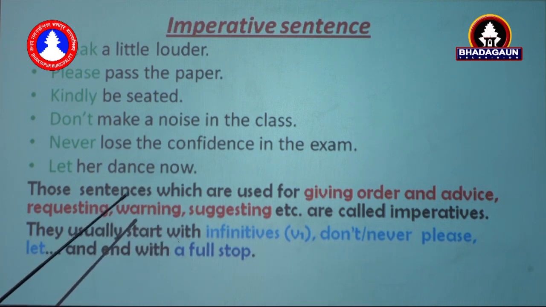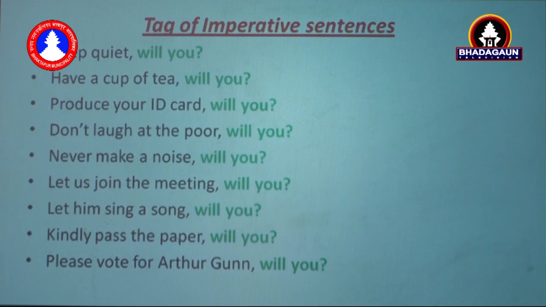The same is the case in the examples given. So all these statements given on the screen are imperative sentences. There is no subject in the beginning. You cannot see a subject: I, we, you, he, she, it, Ram, Sam. No subject is given, right? So these are called imperative sentences.